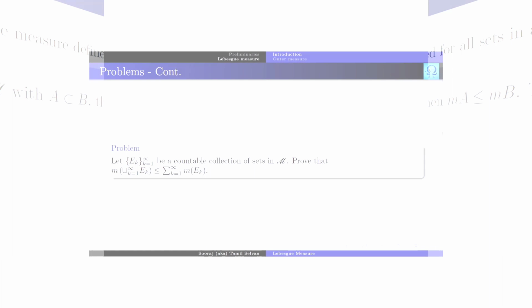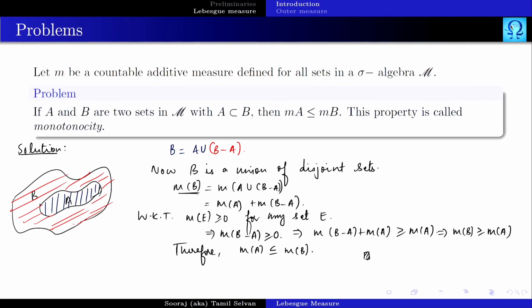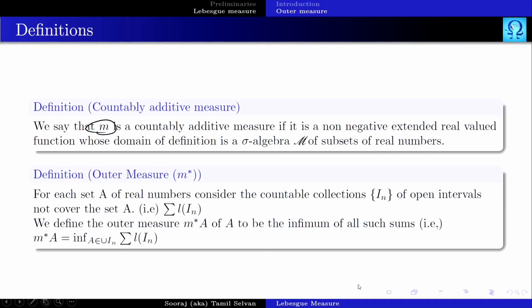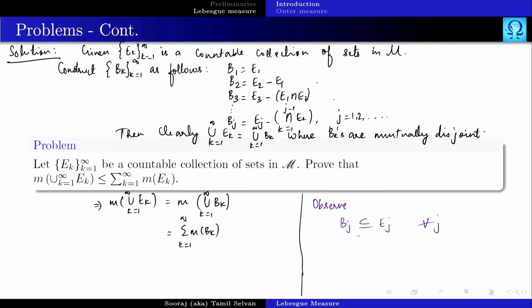If this is so, from the previous property, that is by monotonicity, we can very well conclude that the measure of bj is smaller than or equal to the measure of ej, right? So coming back here, this is true for all j.